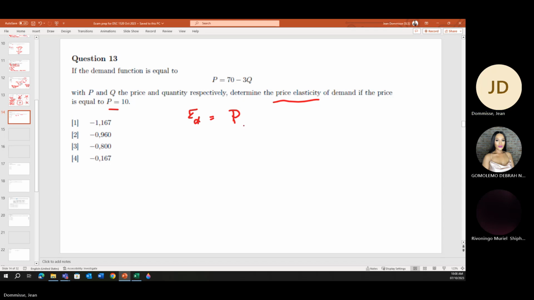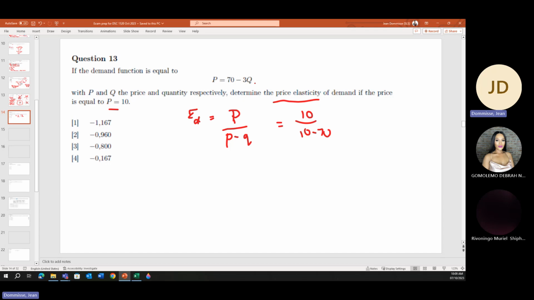The formula is P over P minus Q. In this instance, they tell us at P = 10, and then at the bottom we have 10 minus 70.